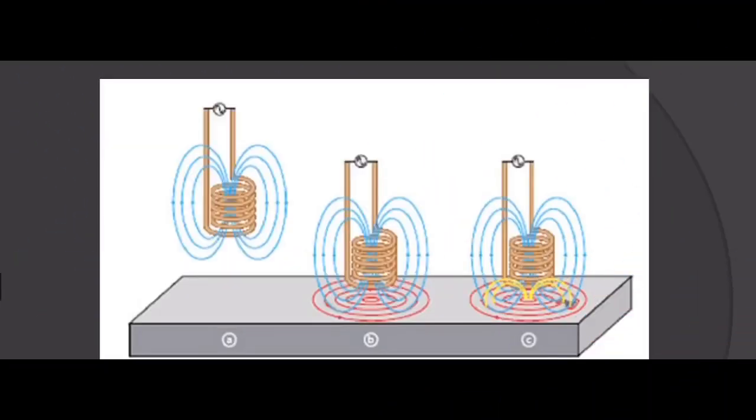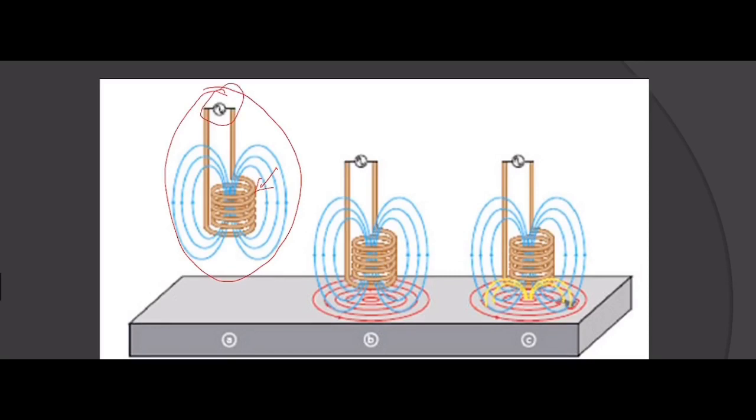The example of variable reluctance sensor is an eddy current displacement sensor as shown in this figure. Here is the probe of the sensor that contains a coil and also an alternating current power source.